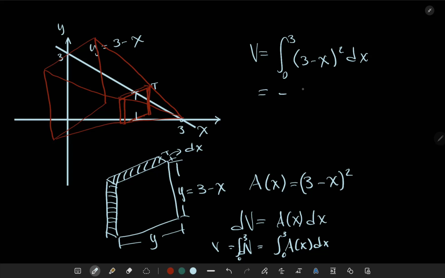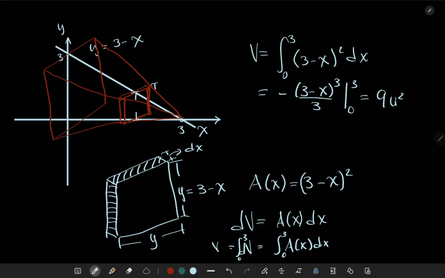I'm going to avoid doing the whole calculation, but that's what you're going to get, evaluated from 0 to 3. So when you plug in 3, you notice you get 0, and then minus negative becomes plus. Evaluating at 0, 3 minus 0, 3 cubed divided by 3, that's going to be 3 squared, which is 9 units squared.